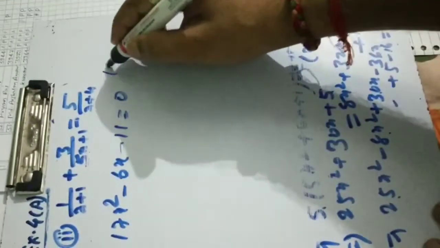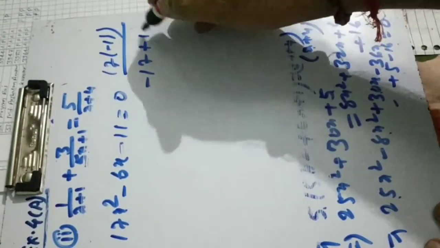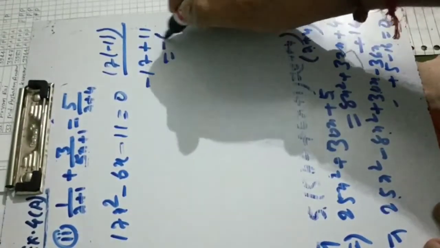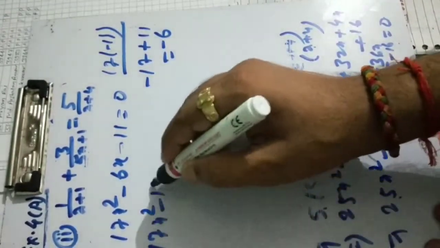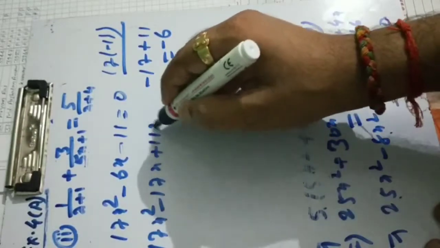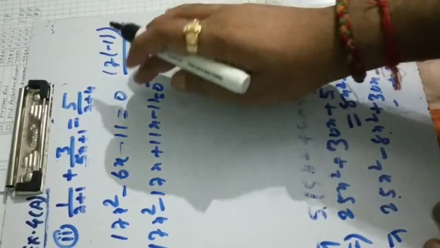Now 17 multiplied by minus 11 will be the product of these two, and minus 17 plus 11 will be equal to minus 6. So this can be written as 17x square minus 17x plus 11x minus 11 is equal to 0.